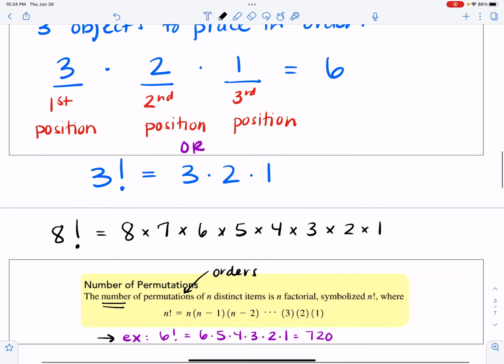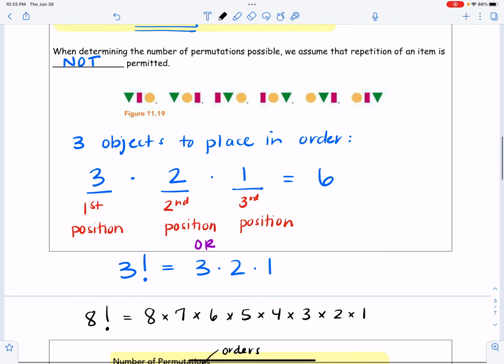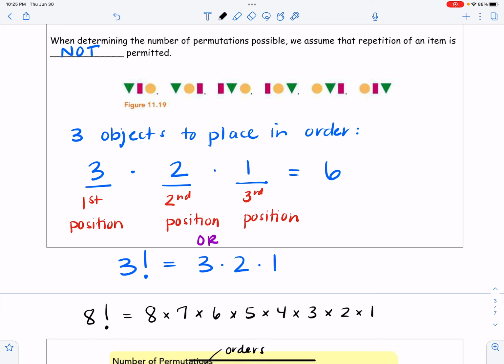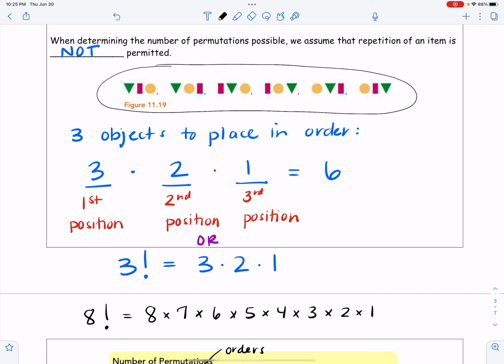The first example here is laid out for you. If we have 3 objects, these are all the different ways that we can arrange the objects in order: which object comes first, second, third. And there's 6 possibilities. So what our factorial rule says is, if you want to know how many possible orders there are, take the number of objects, which is 3, and evaluate its factorial.